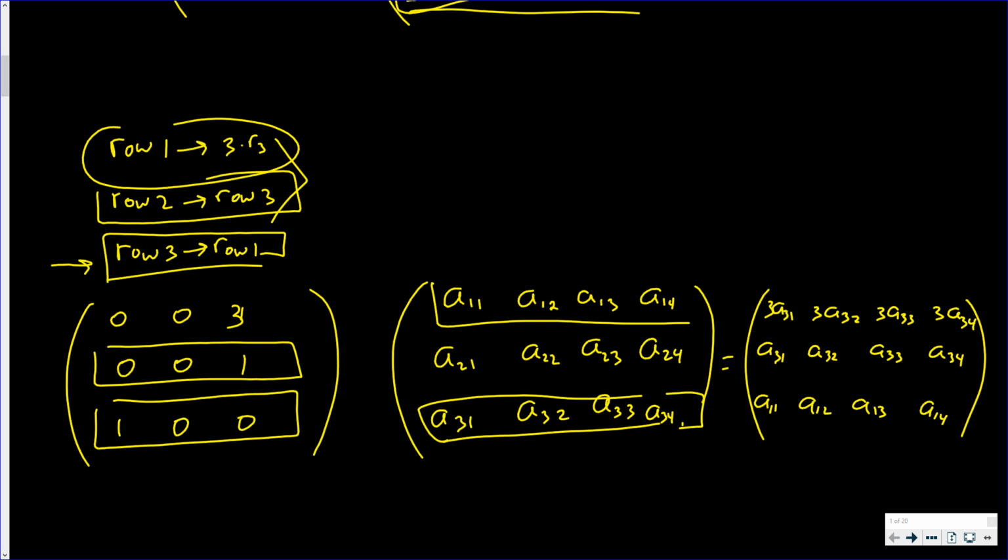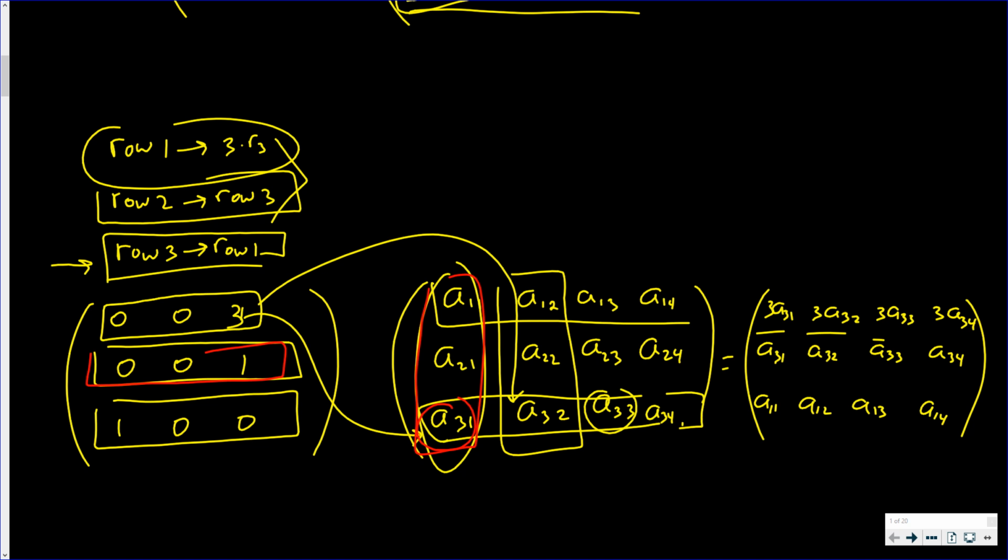This will do it. When I multiply this row by this column, the only non-zero entry is going to be 3 times A31. Exactly what I wanted. And when I come to the second, it's going to be 3 times A32 and 3 times A33, etc. And then when I dot the second row with the first column, it's only going to pick up the last entry because I had 0 plus 0 plus A31.